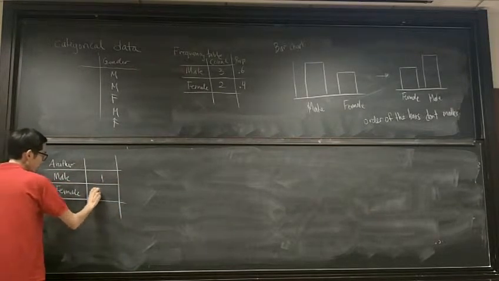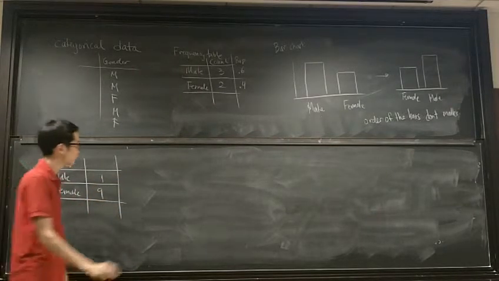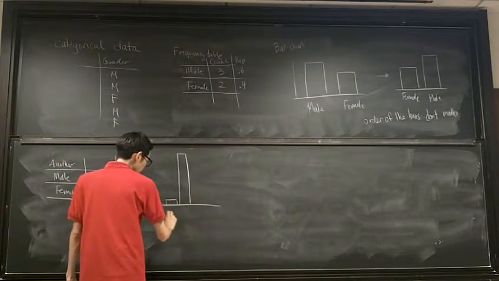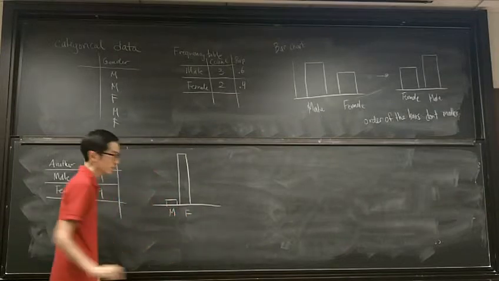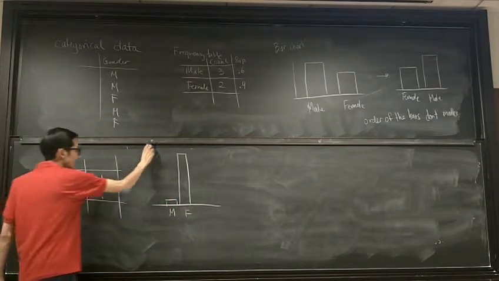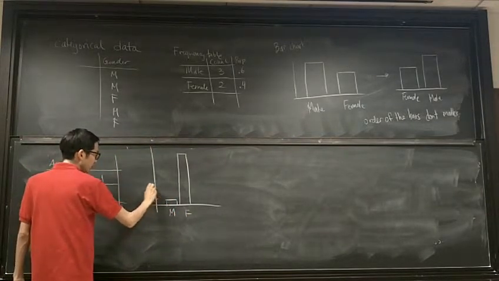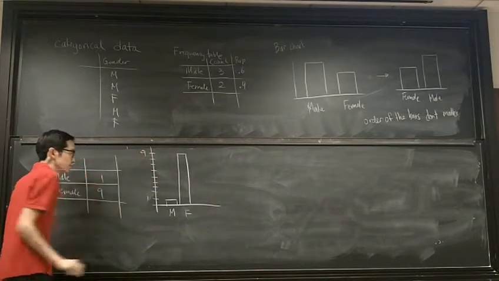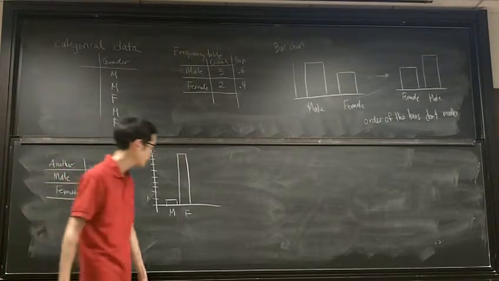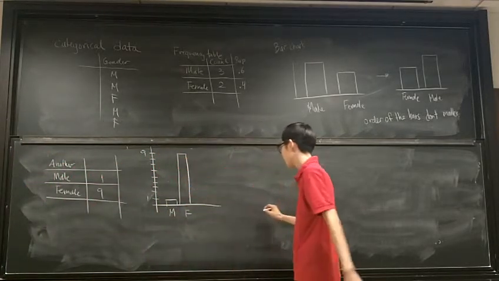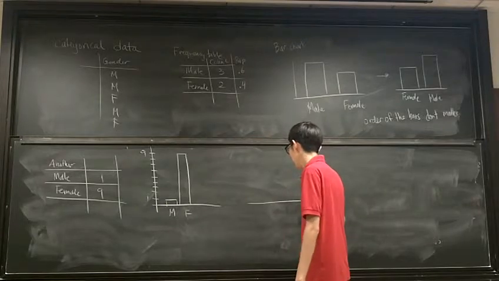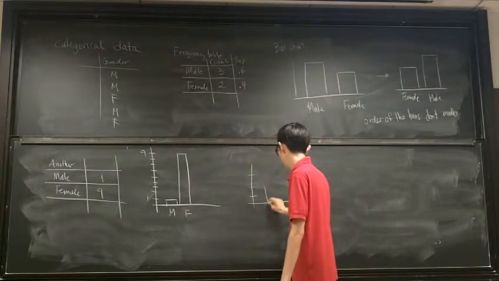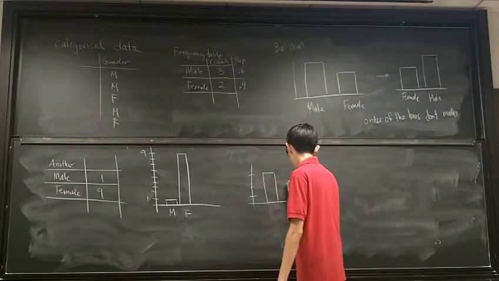Let's say there was 1 male and 9 females. What would that bar chart look like? It would look something like this, right? And I should probably put a number scale on the left-hand side. So this is one bar chart, one male, 9 females, and then the other one I had 3 males and 2 females.